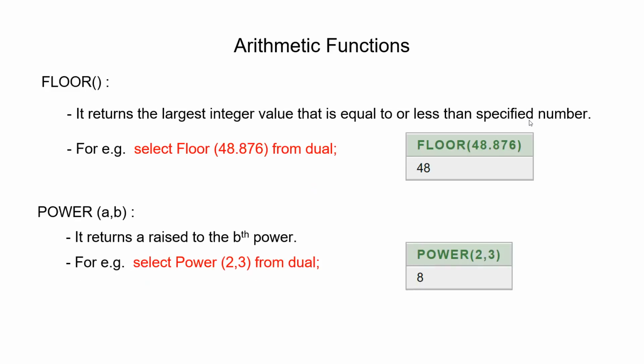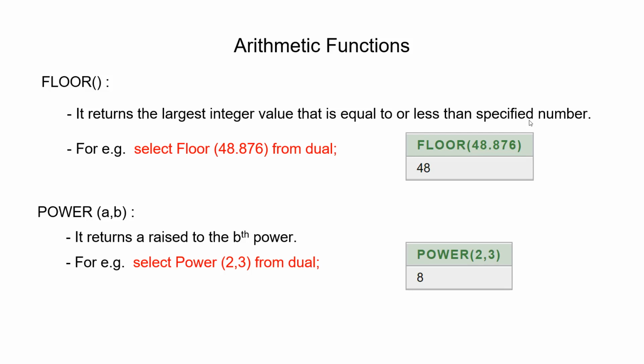Then the next function is floor. It returns the largest integer value that is equal to or less than the specified number. So it will give the lesser value. As I gave one hint regarding ceil, that it gives the ceiling related, means upper value, now here floor.